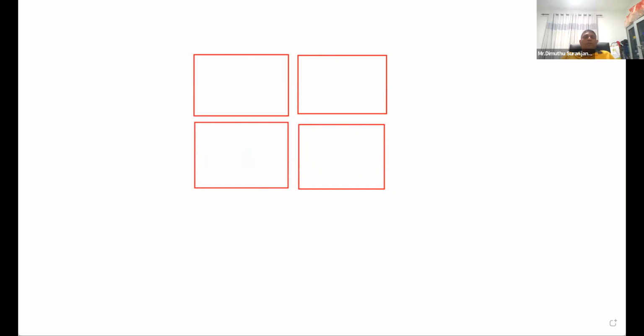So under the Mendelow matrix, what we normally do is we classify stakeholders based on two variables. One is their relative interest.